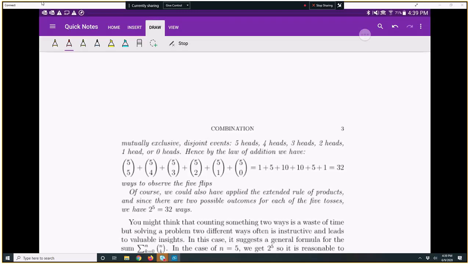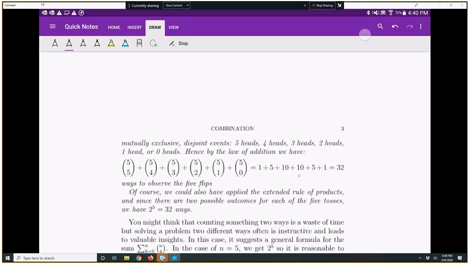Then by the law of addition, since these are disjoint events, the total possibilities is 5 choose 5, which gives us how many ways could we have 5 heads? Well, there's just 1. 5 choose 4 is how many ways we could get 4 heads on 5 tosses, and there are 5. Then 5 choose 3, there are 10.